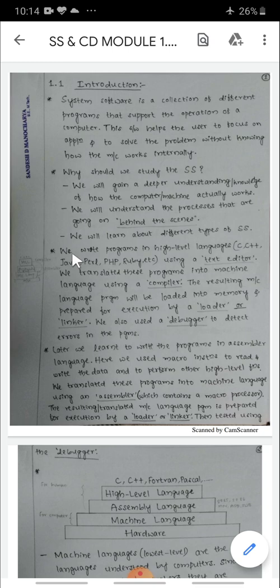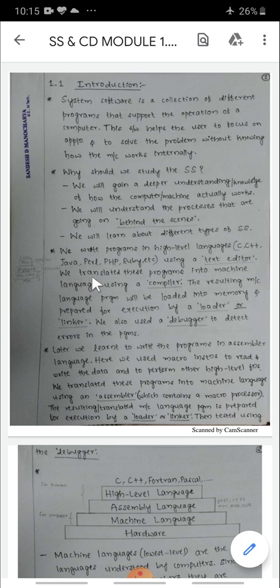So first we started to write programs in high level languages like C, C++, Java, Python, Perl, R, PHP, Ruby, etc. Using text editors, we started to type the programs. These text editors are also an example for system software. Wherever I have underlined with pencil, these all are examples for system software.